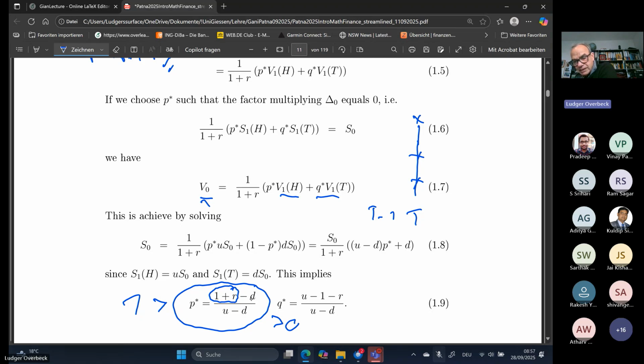But the gain on the bond is larger, because this is the going up and going down. Down value, up value. I show you again.